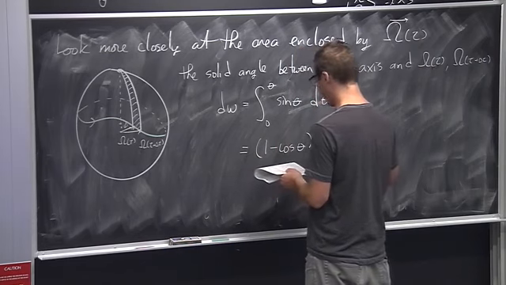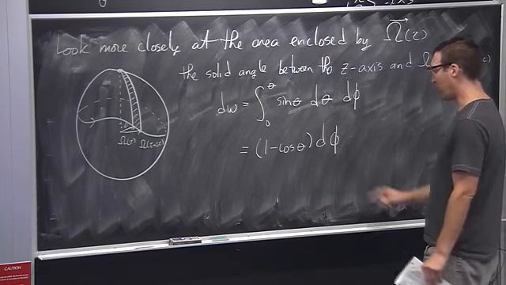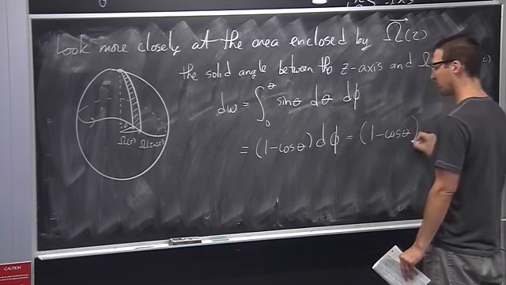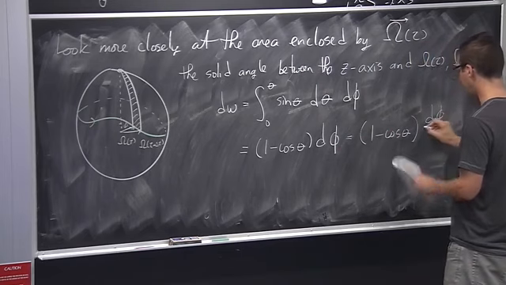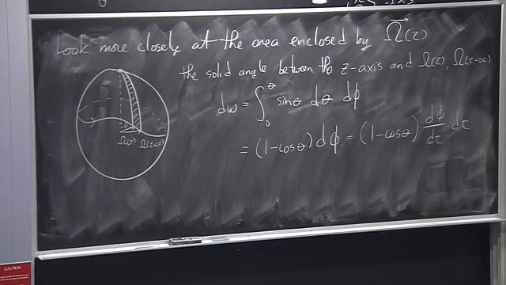Which gives me 1 minus cosine theta d phi. Or I could have this parameterized in terms of tau, d theta d tau d tau. So if I integrate this in terms of tau, that gives me my closed path.